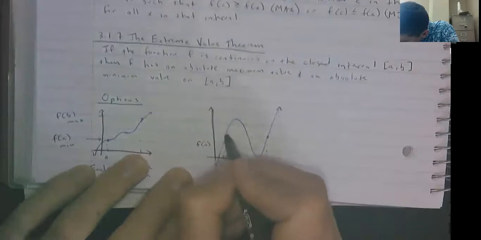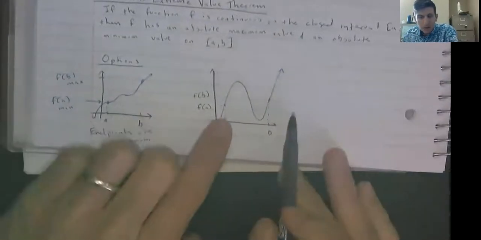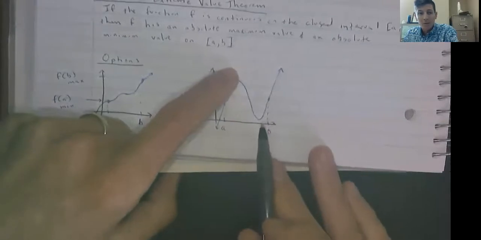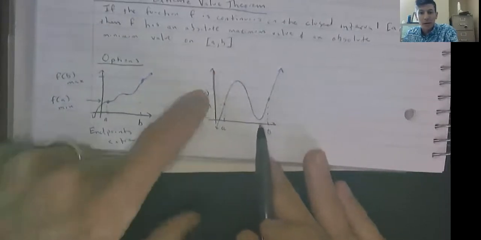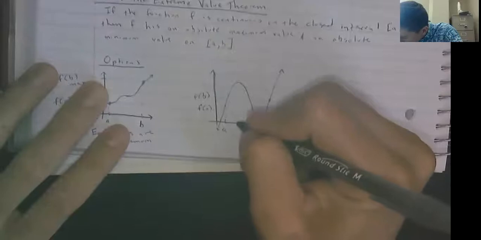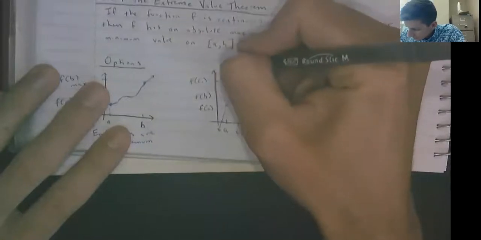There's f of b. Clearly, on this interval between a and b, there are values that achieve both larger and smaller values than either f of a or f of b. And those will be our absolute extrema. So this would be c, f of c, or maybe c1 would be our max. And c2, this low point, would be our min.